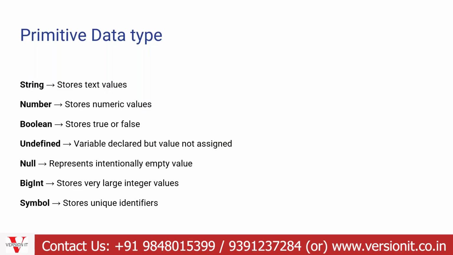Undefined is where I have created a variable, but I have not declared any value to it. In runtime, I may get some value from some API or some database call, and it will be assigned to it. Maybe once we come to the framework, you'll understand it more. But you can simply remember: I have created a variable, but I have not assigned any value to it. Those we call undefined.